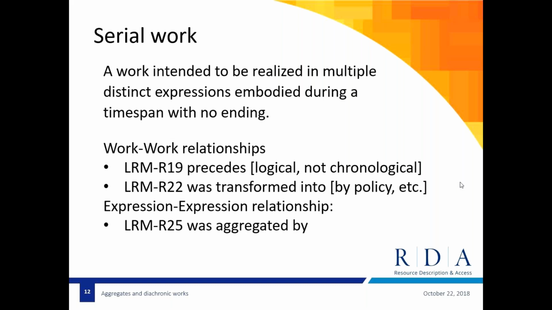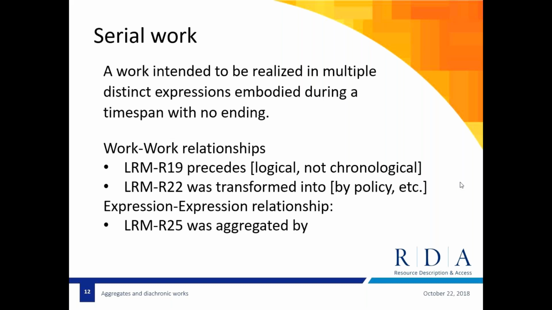And then we have the expression-to-expression relationship I've already shown in the aggregates diagram. It was aggregated by or aggregates. We built all of these into RDA. Existing RDA relationships, derivation relationships, for example, remain the same in their semantics, but they've been recategorized and grouped into this hierarchy produced by the LRM.